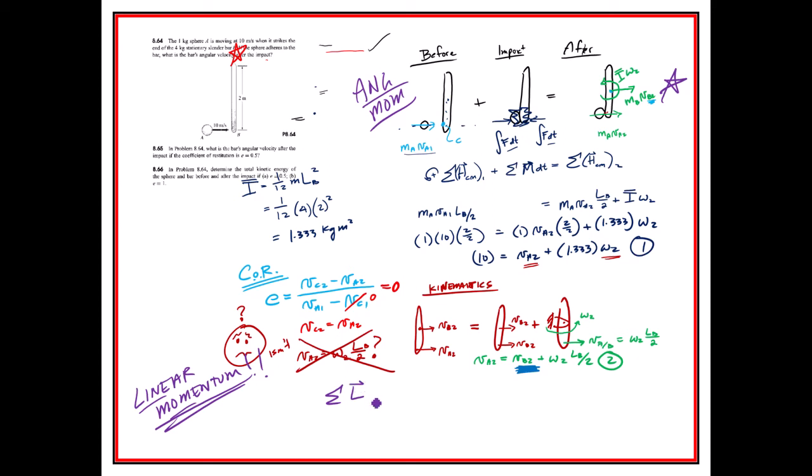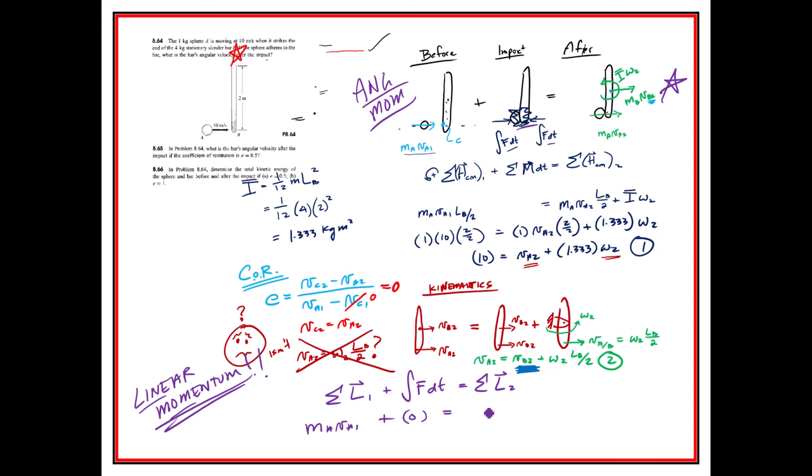Just call this L1, plus the summation or the integral of F dt, is going to be equal to the sum of the linear momenta after the time. So we have mass of A times velocity of A1, plus 0, equal and opposite right here.